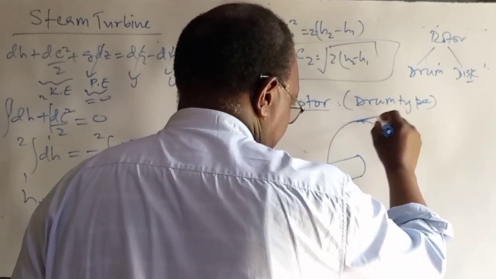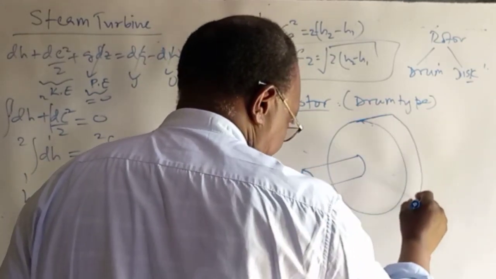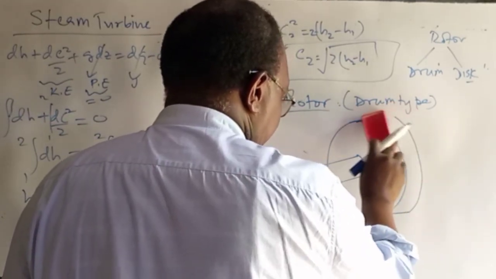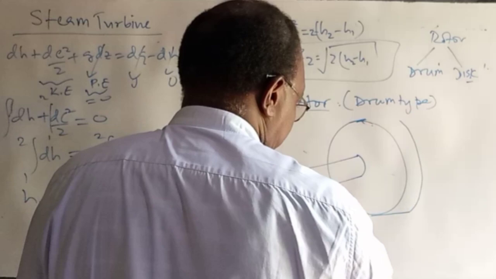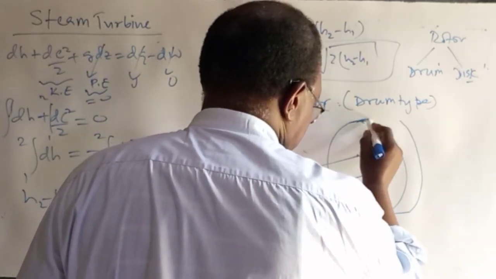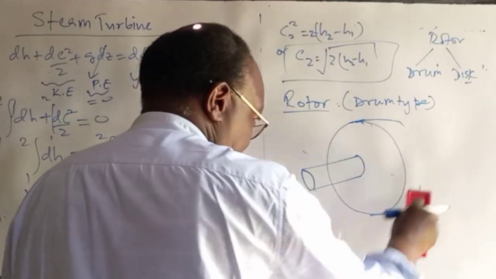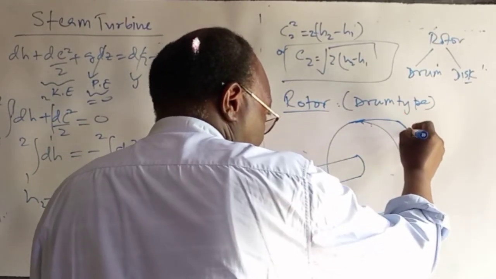And on this drum, it's just a sketch. Let's try to sketch it as best as we can. But you can see it's cylindrical. I hope it shows clearly that it is cylindrical.